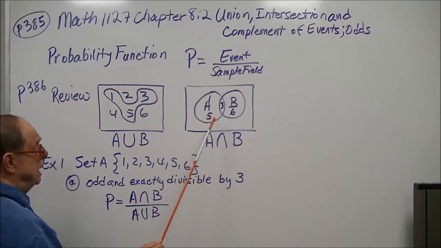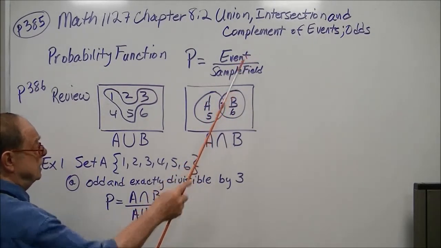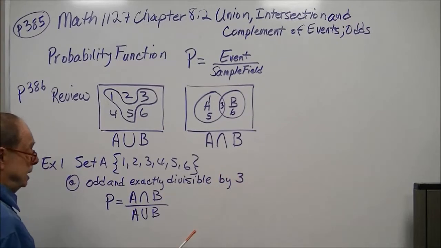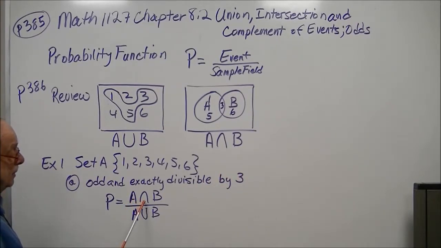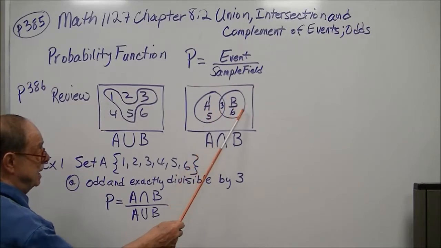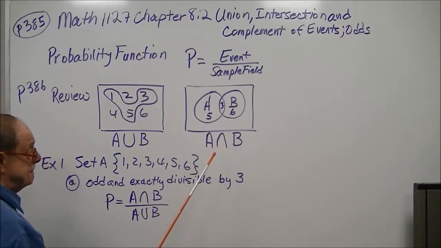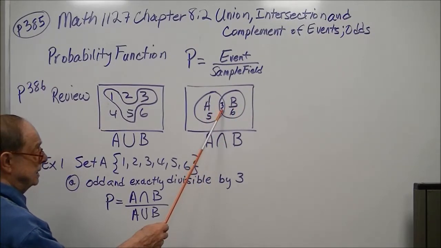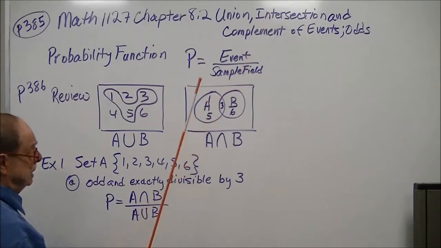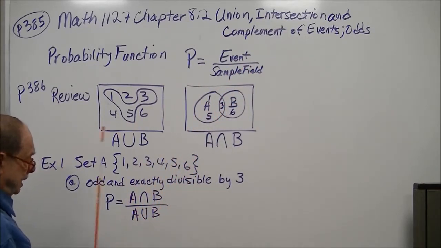So how many items do you have in the event that you're looking for? Well, it's odd and exactly divisible by 3. So it would be the intersection over here of your subsets A and B. And the only member in that intersection point is 3.